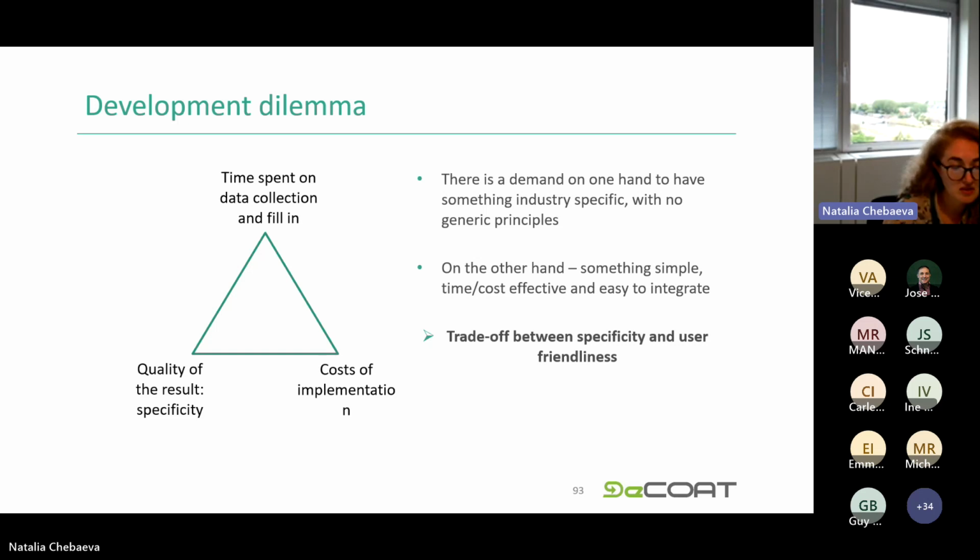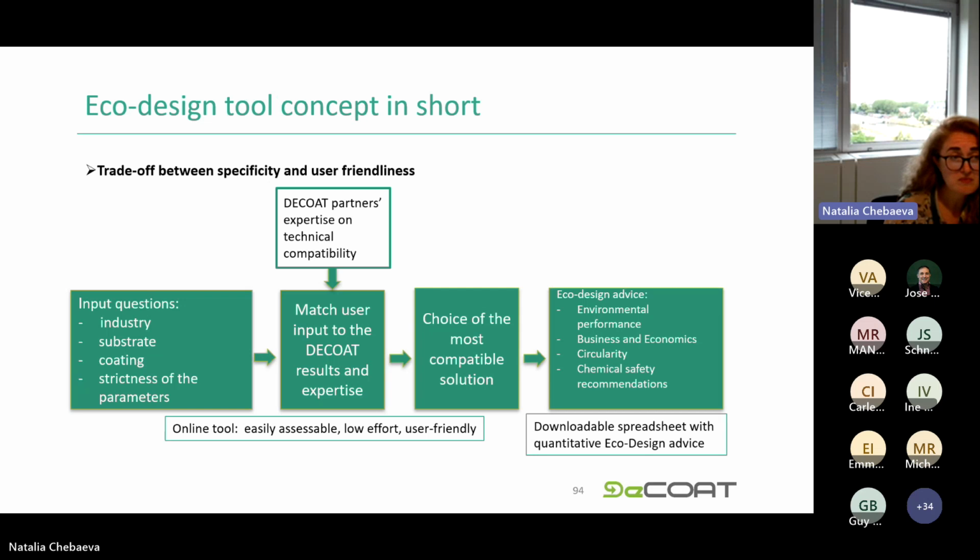So in the project meeting with all the partners, we came up with a trade-off between the specificity and user-friendliness of the tool. Based on that, we also came up with the conceptual structure of the tool that would emphasize this trade-off and focus first and foremost on the user-friendliness of the tool. So the main structure is as follows.